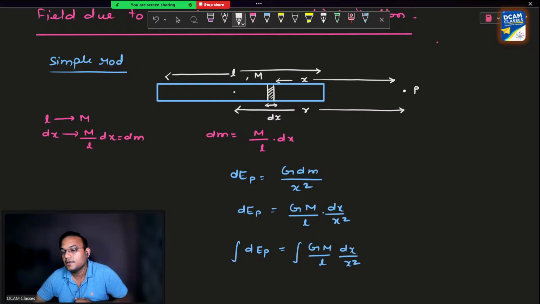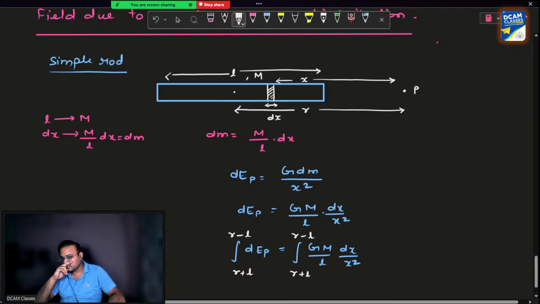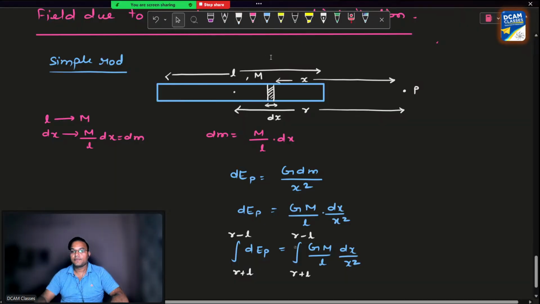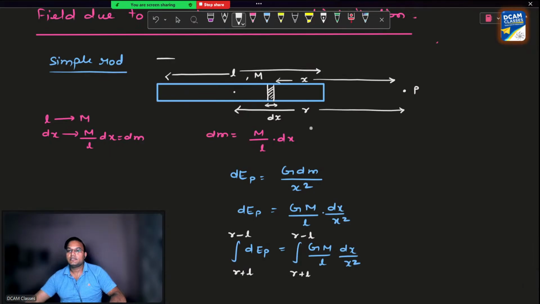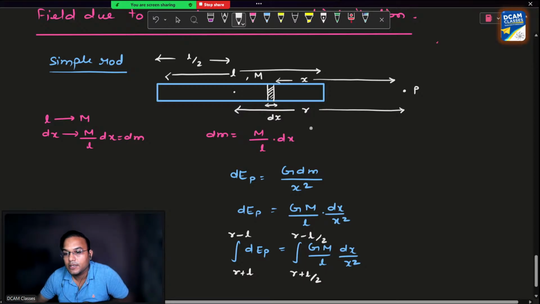R plus L to R minus L. Okay. You know, this distance is actually not R plus L. It is R plus L by 2. Now it's correct: R plus L by 2, R minus L by 2.